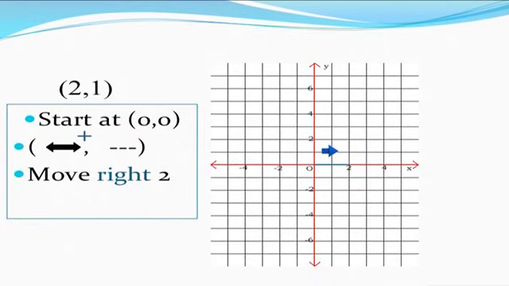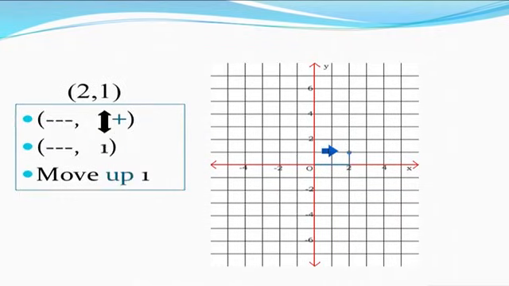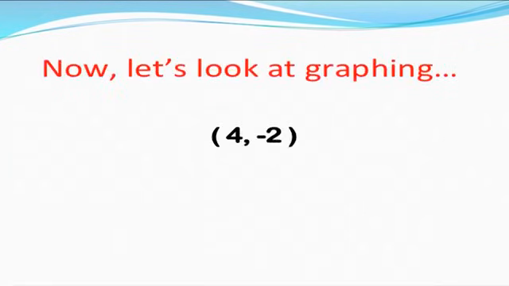Now 1 is to be represented with the help of the vertical axis. So we move up 1 point from the origin and the point will be represented by the intersection of the line raised vertically from point 2 on the horizontal axis and the line drawn horizontally from the point 1 on the vertical axis.